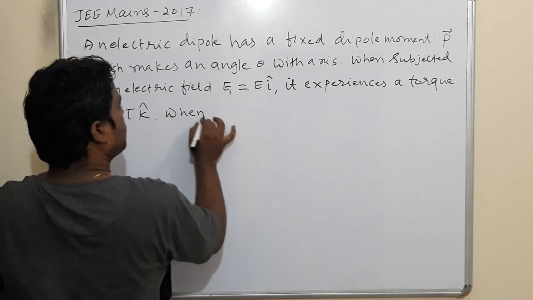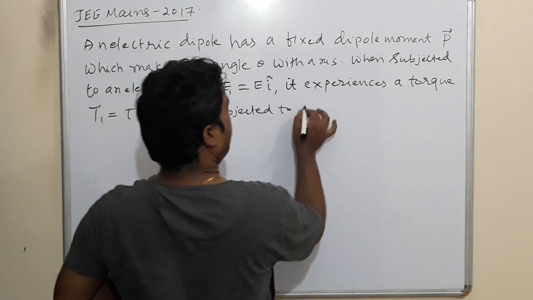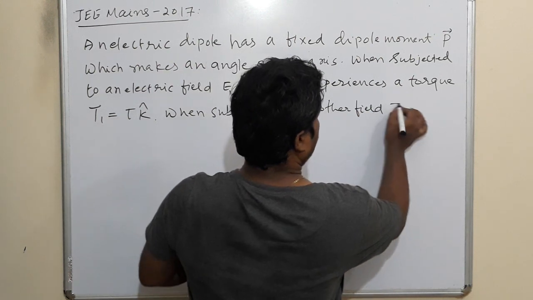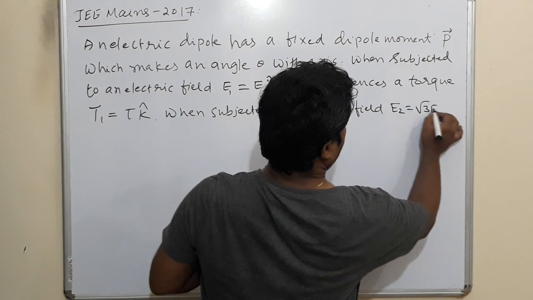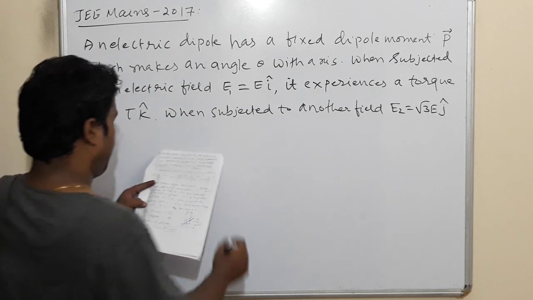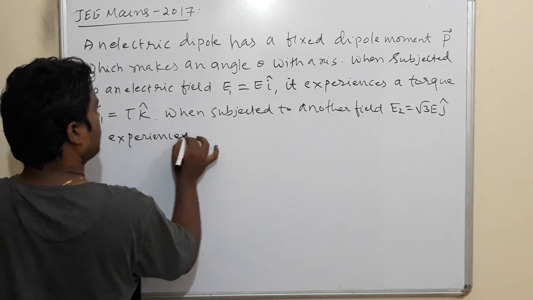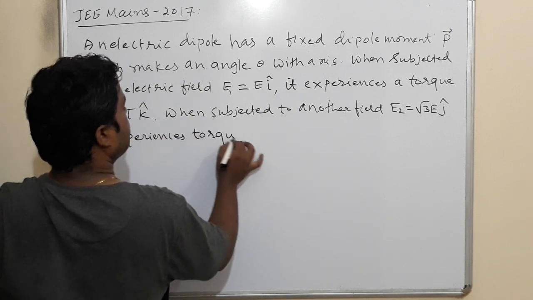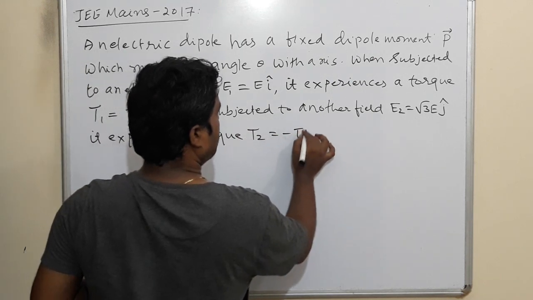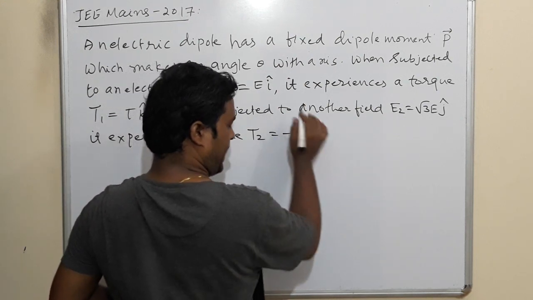When subjected to another field, E2 equal to root 3 E j, this field is along y-axis, it experiences a torque tau 2 equal to minus tau k. Okay, this is along negative z direction.